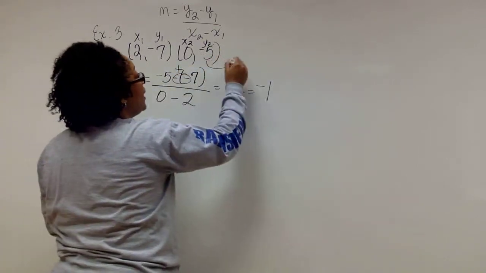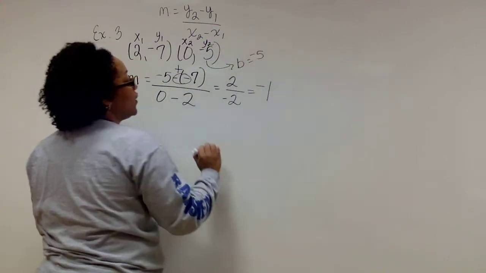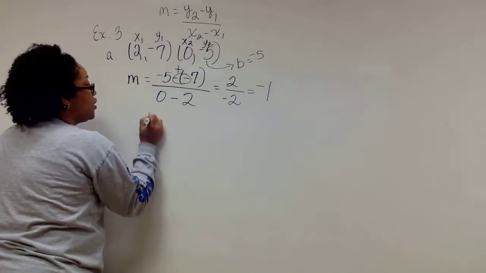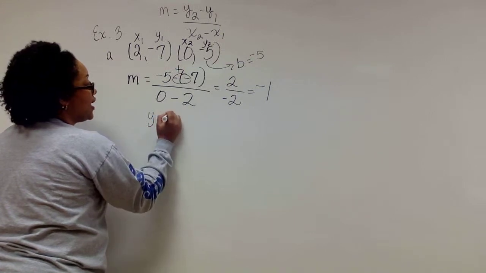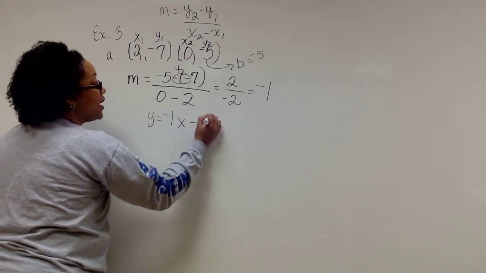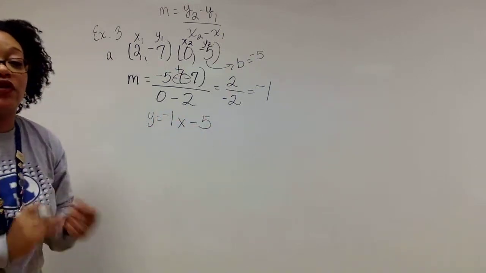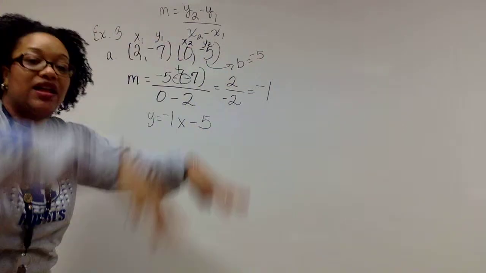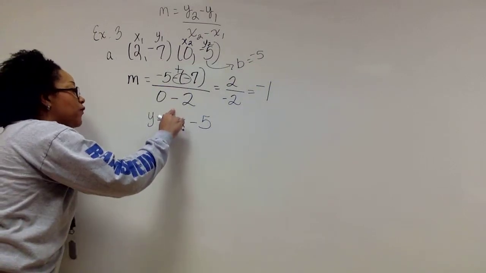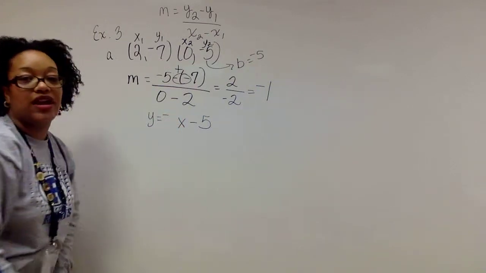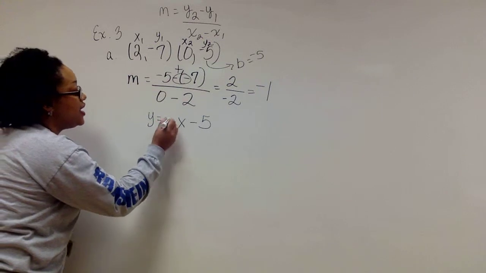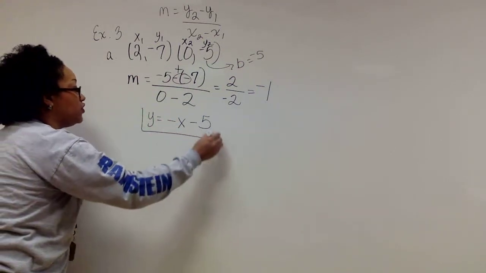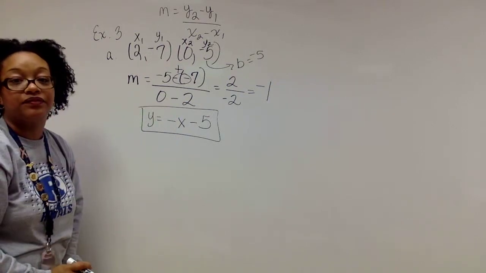My b is -5. So here's my m. Identified my b. Your equation is -1x minus 5. And so those of you that are maturing in your math abilities, you will be perfectly fine if I erase and just say -x minus 5. That's the equation of this line.